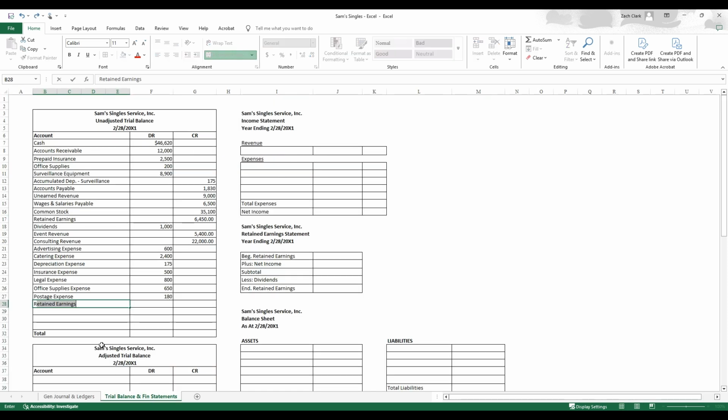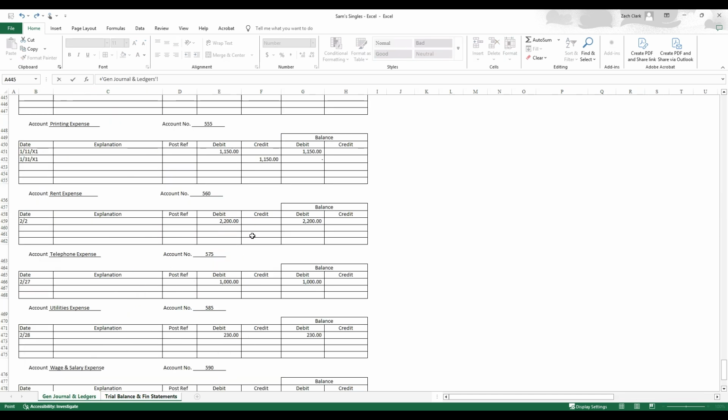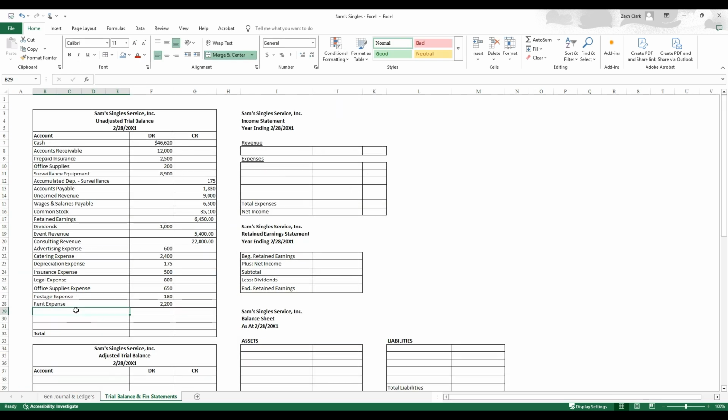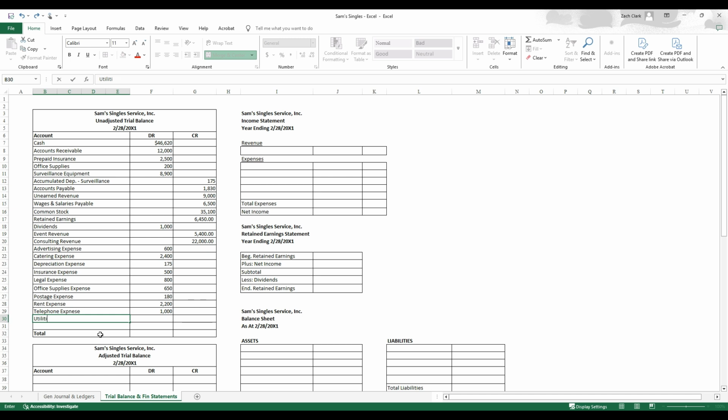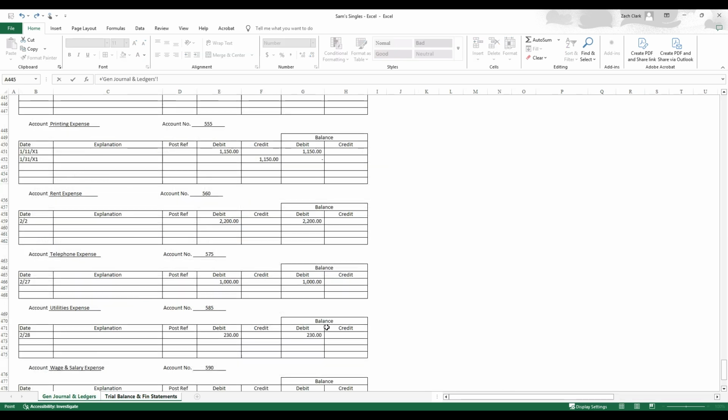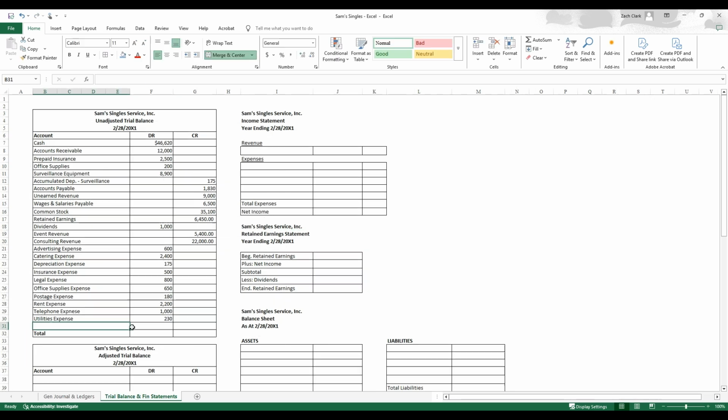Rent expense though. And I saw this telephone expense was the next one. Utilities. And then, yeah, I think utilities. Hopefully this is the last one. 200. Oh shoot, no. Last one here. We got a space for it. Wages and salaries expense.